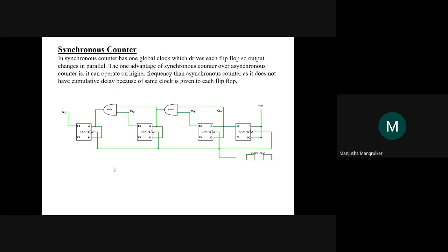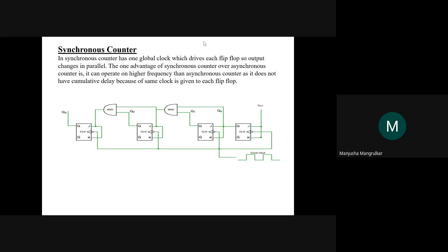The synchronous counter mode has only a global clock which drives each flip flop, so the outputs change in parallel, right? So all the flip flops have the same clock pulse.